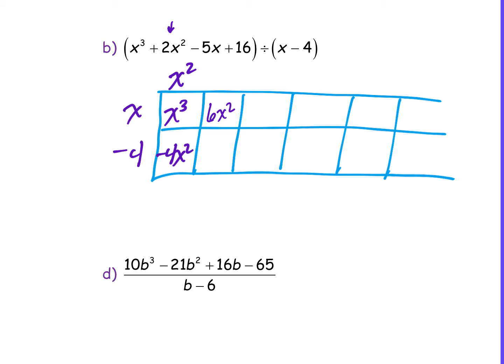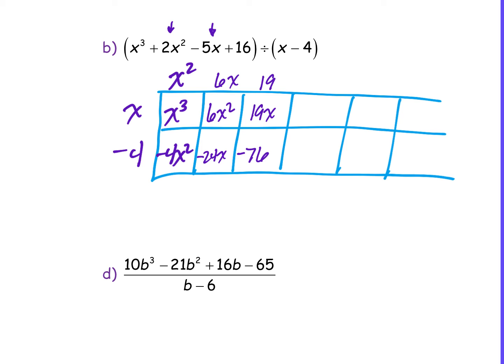And x times what gives me 6x squared would be 6x. And then this would be negative 24x. And negative 24x plus what gives me negative 5x? I think that's 19x. And then x times 19 gives me 19x. And 19 times 4 is negative 76.